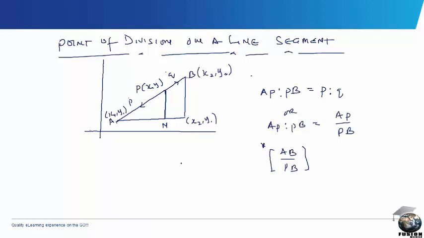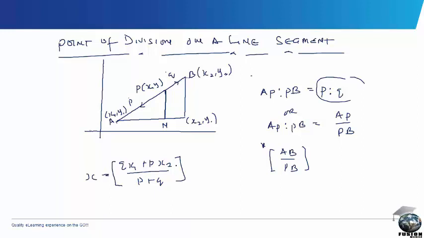So we want to go ahead and prove that for the proportion P:Q, x is equal to Q of x1 plus P of x2 all over P plus Q, for the line of x. We want to prove this.